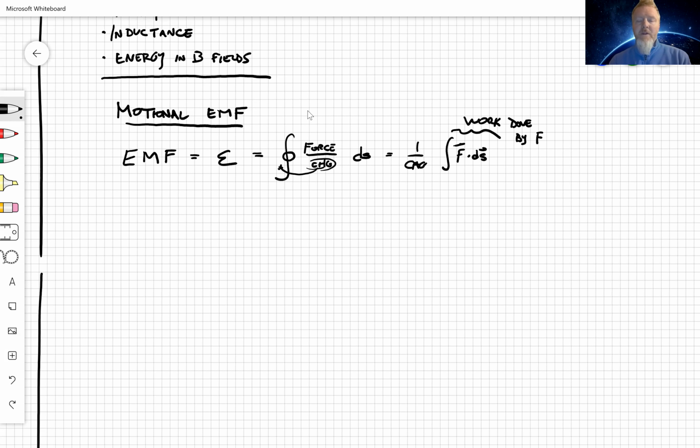Okay, this is the work done by the force. So this is basically something like the work done per charge. So what really is that?